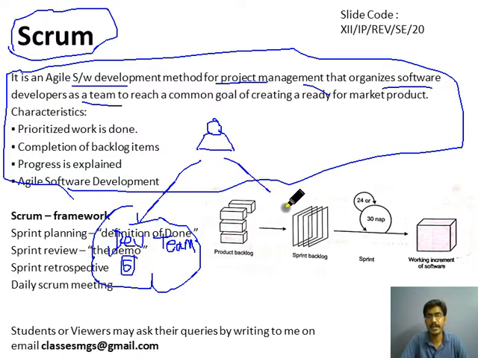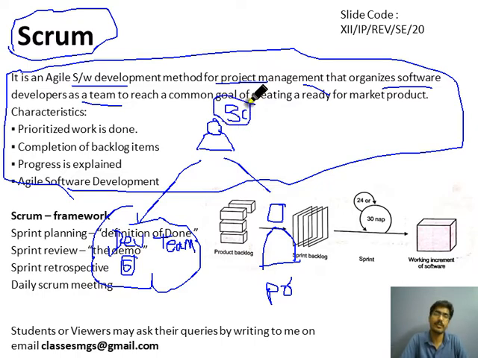And there will be another person, the product owner, who gives the requirements for the software development, and another is the Scrum master. This Scrum master will organize the software development team and the product owner and provide effective communication between these two. This is how Scrum works.